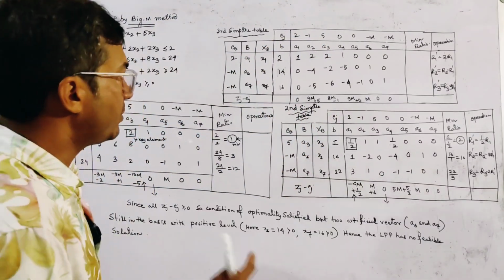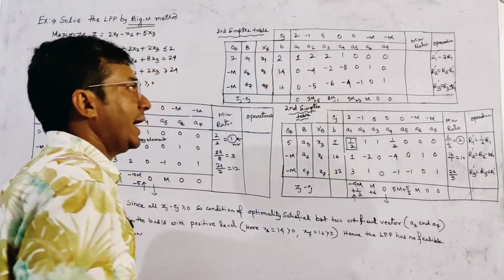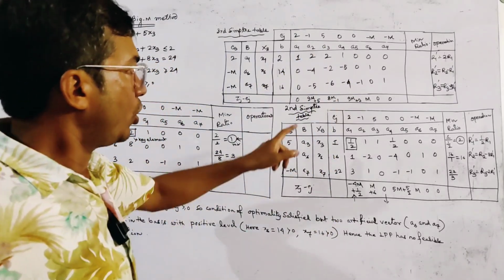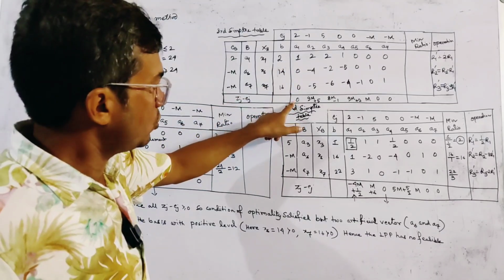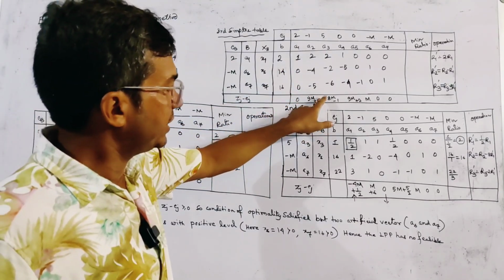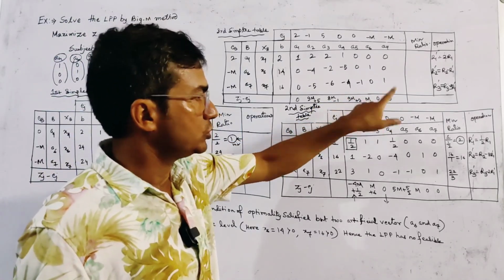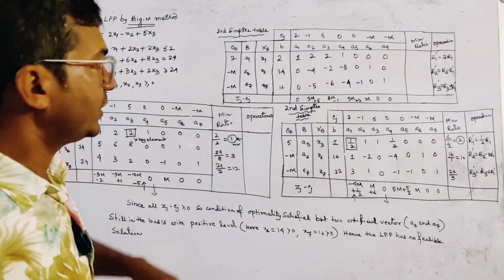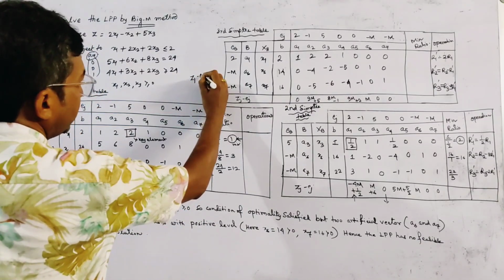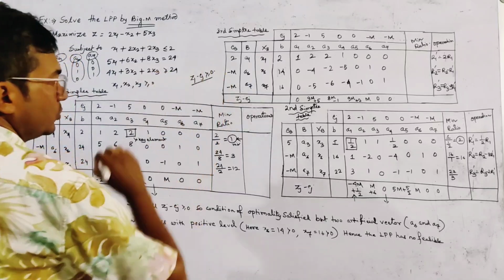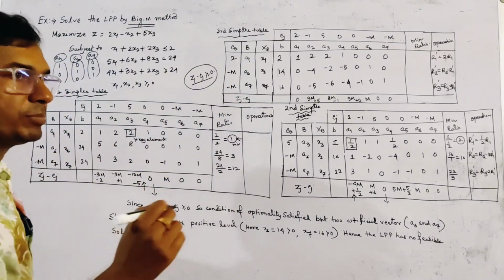Now by the same argument we complete the table, and also we find all the net evaluations. The net evaluations are respectively 0, 9M plus 5, 8M minus 1, 9M plus 2, and this is M, 0, 0. So it is clear that all the net evaluations Zj minus Cj are greater than or equal to 0, and this is the condition of optimality.